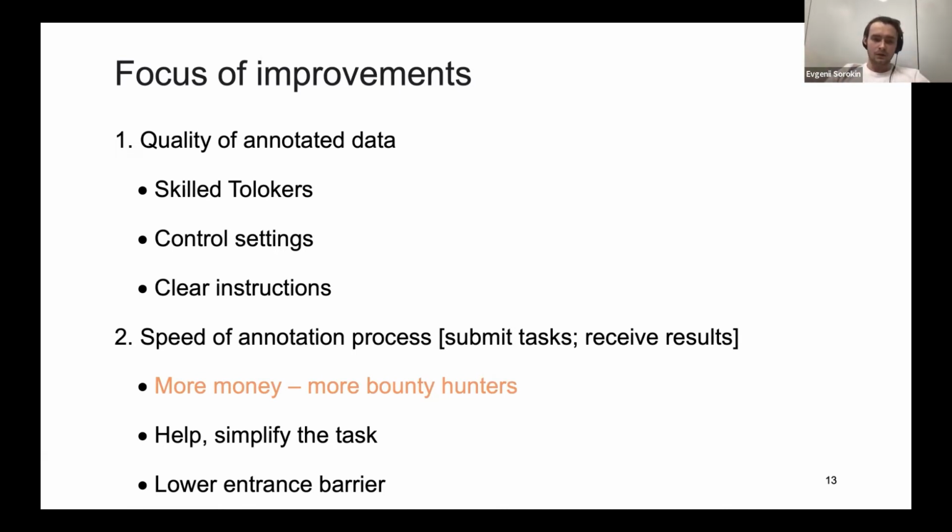The options that you see on the screen tell us how to improve the quality from the perspective of Toloka, of annotator. But maybe we can improve it from another perspective, from the platform perspective. In simple words, it is much easier to build a house if you have proper tools. Much easier than with your bare hands.